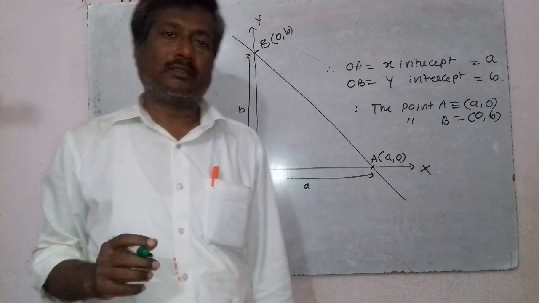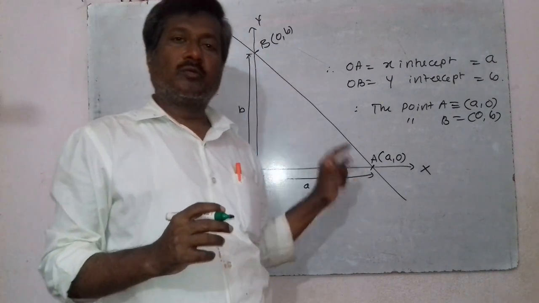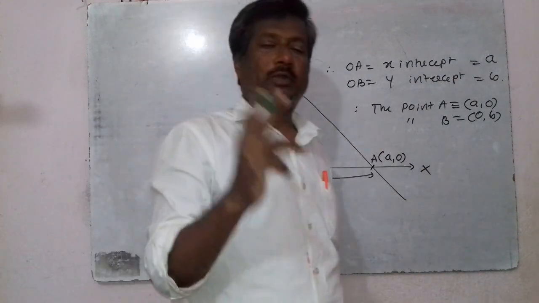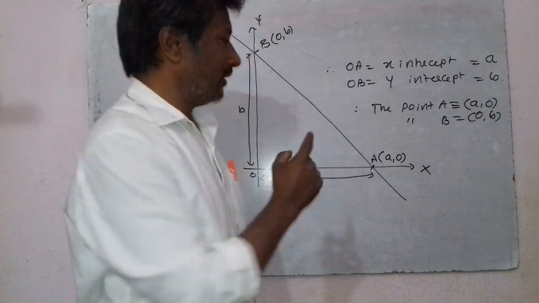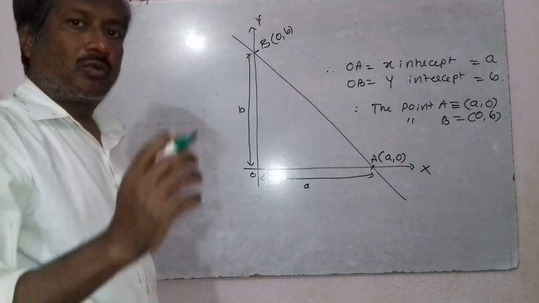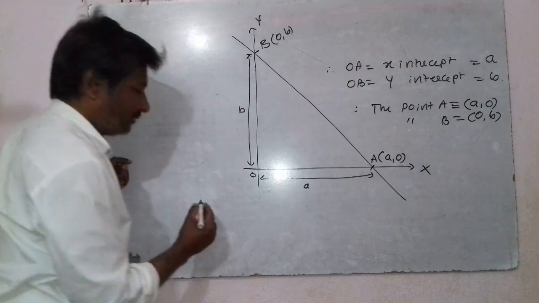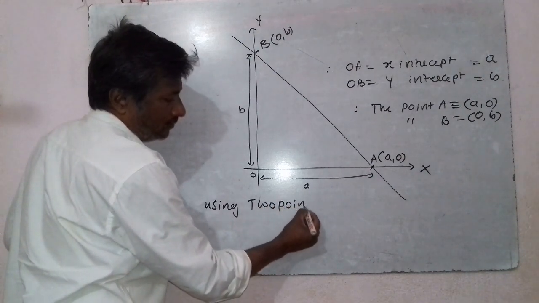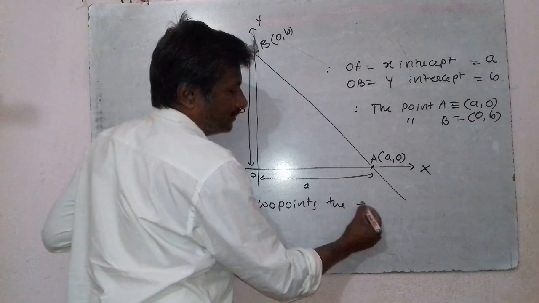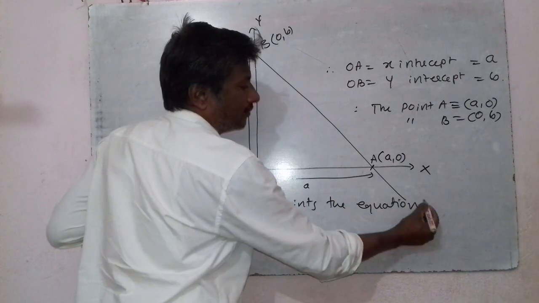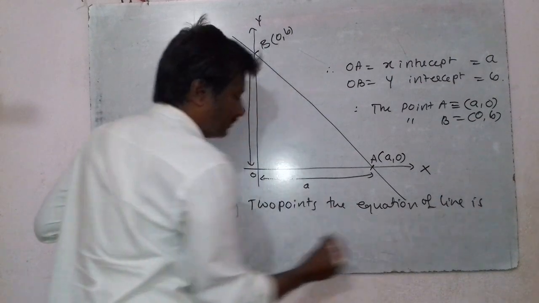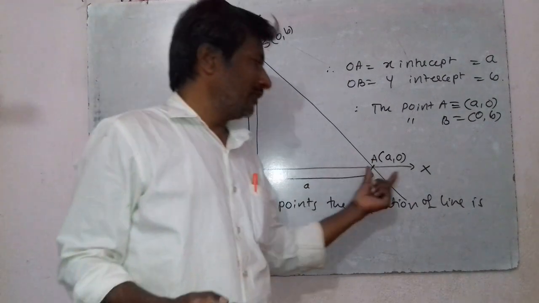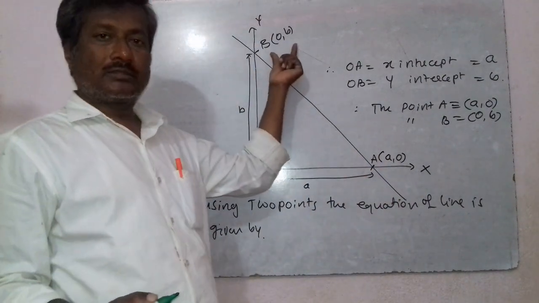So we already studied that if 2 points are known, then the equation of the straight line is given by the 2-point form of a line. Here this one is x1 y1 and this one is x2 y2.